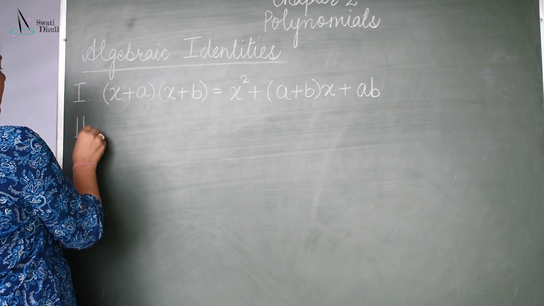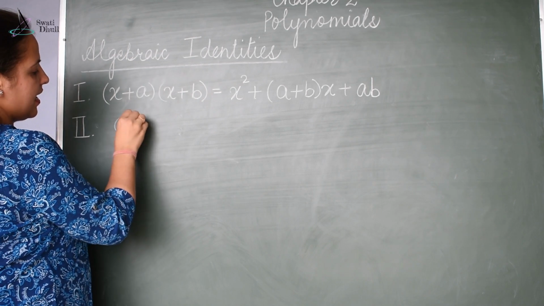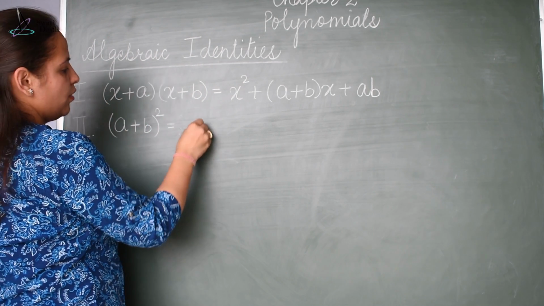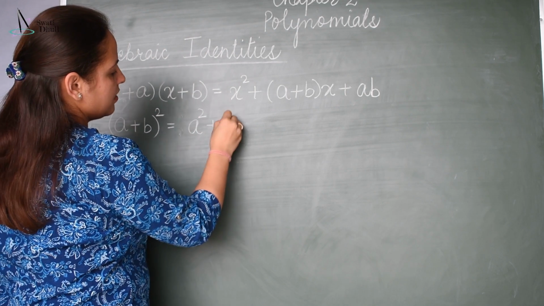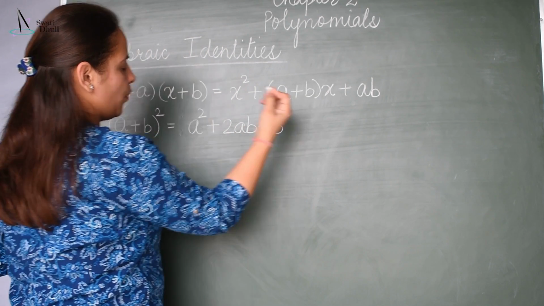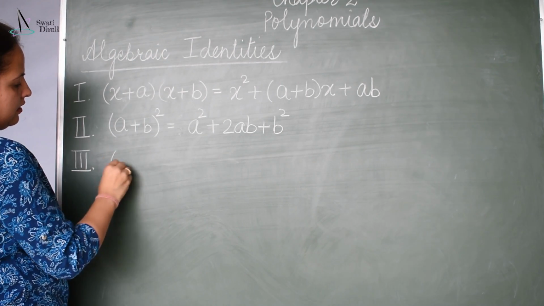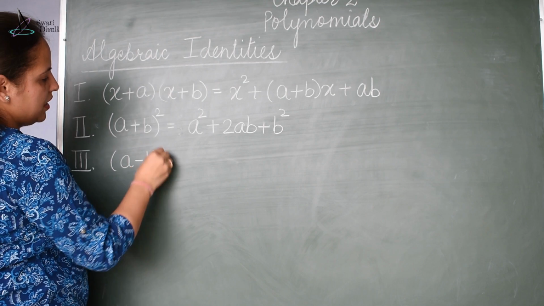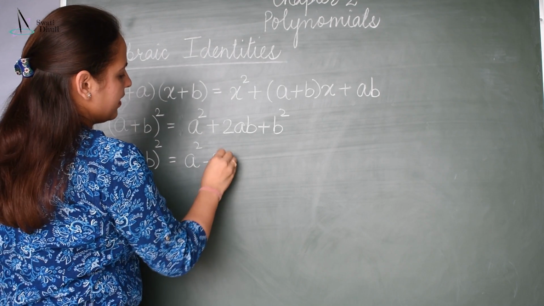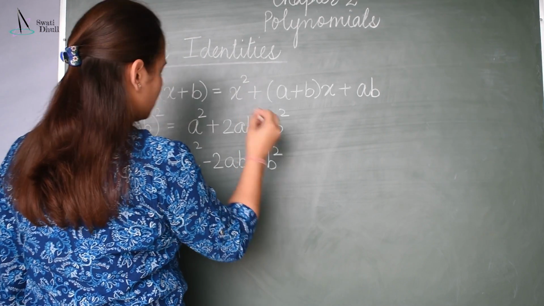The second identity, which you have already done, is (a + b)² = a² + 2ab + b². The third identity is (a − b)² = a² − 2ab + b².